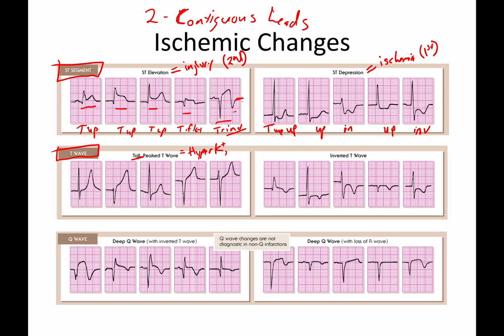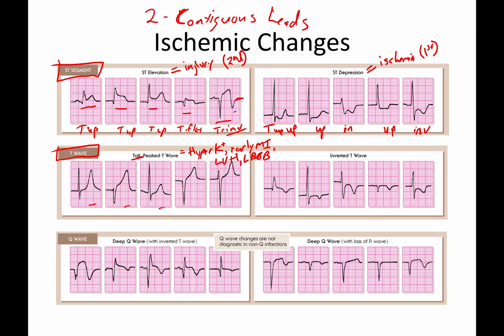You may also see it with early MI, which is why we're talking about it here, and in left ventricular hypertrophy and left bundle branch block. So again, all of those make sense in terms of affecting the way repolarization is done. But yeah, just nice tall peaked T waves throughout.